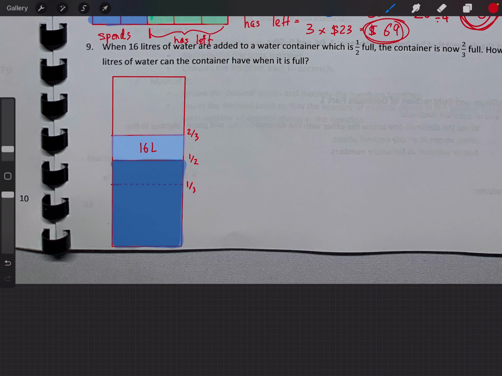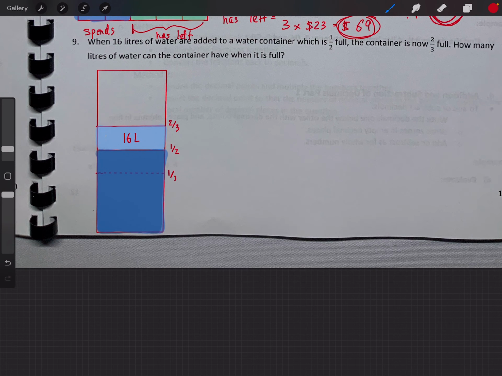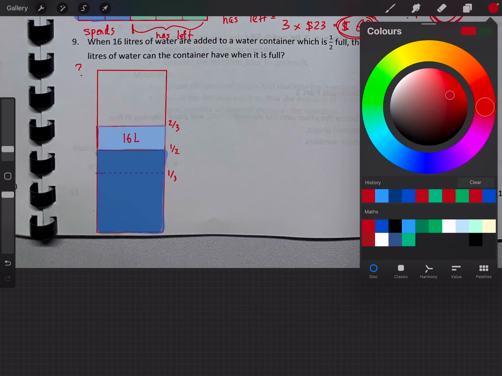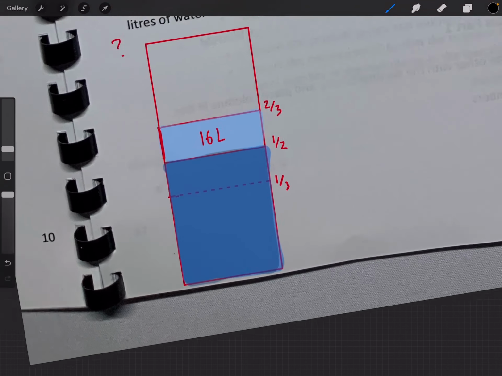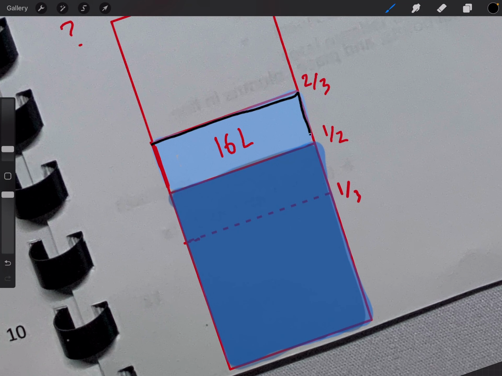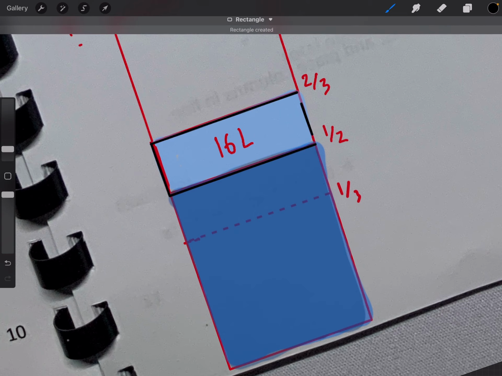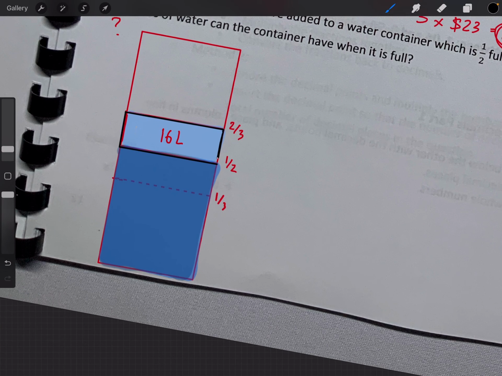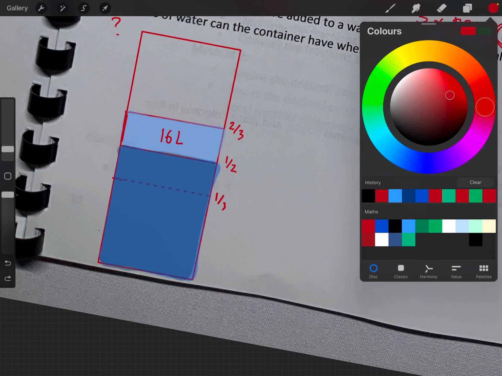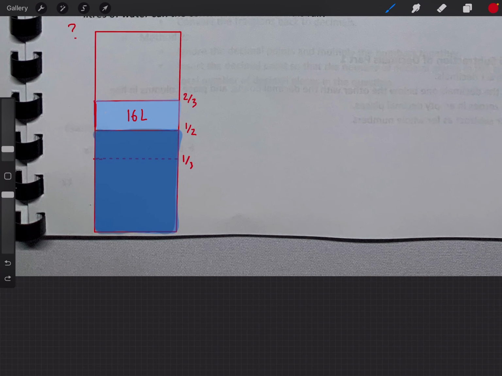So now the question was, how many liters of water can the container hold when it's full? Well, we need to figure out what fraction this part is compared to the whole amount.